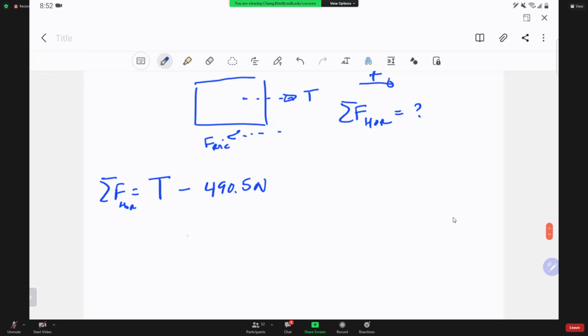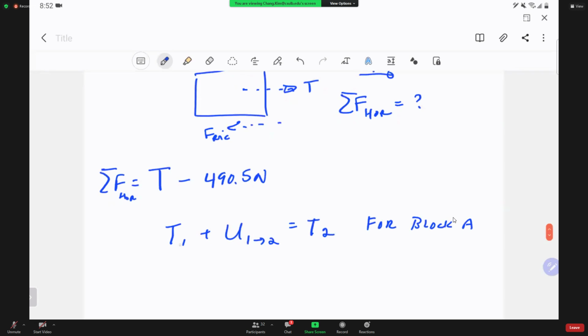So now we need to bring in the energy equations for block A. Initially at rest means I do not have a kinetic term, plus this is the net force that your system sees, which is the force times distance.